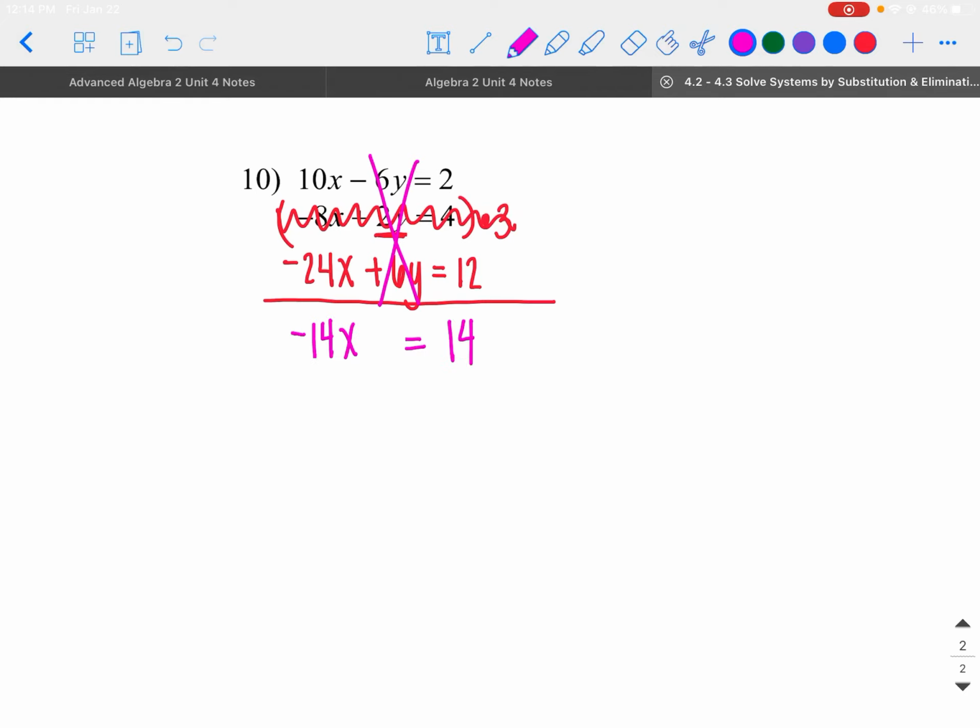Negative 14x equals 14, because 10 minus 24 is negative 14, and 2 plus 12 is 14. And then we divide both sides by negative 14 to get x equals negative 1.